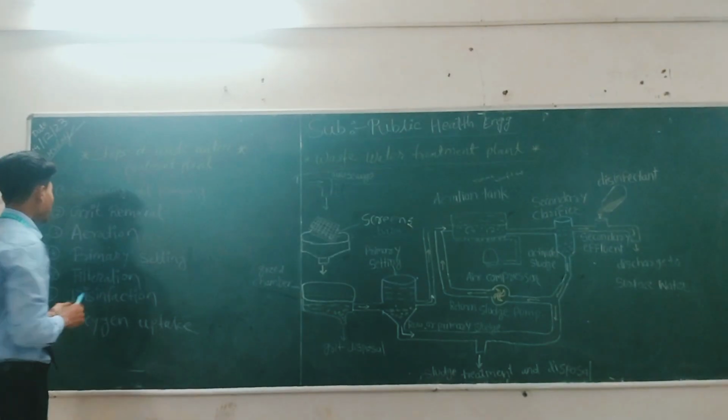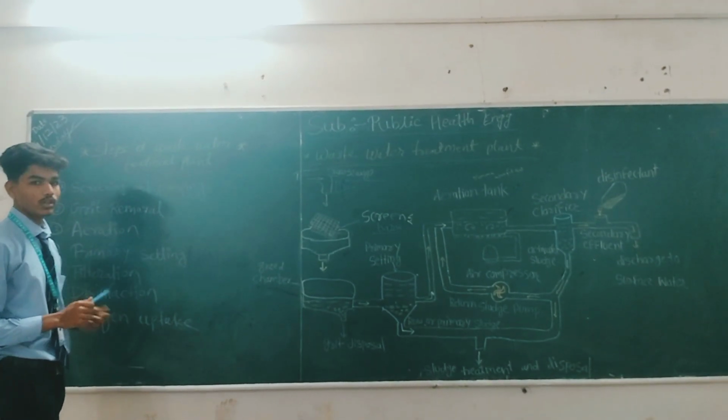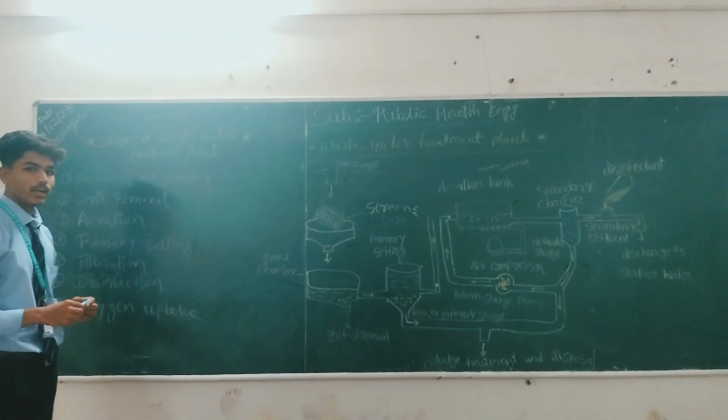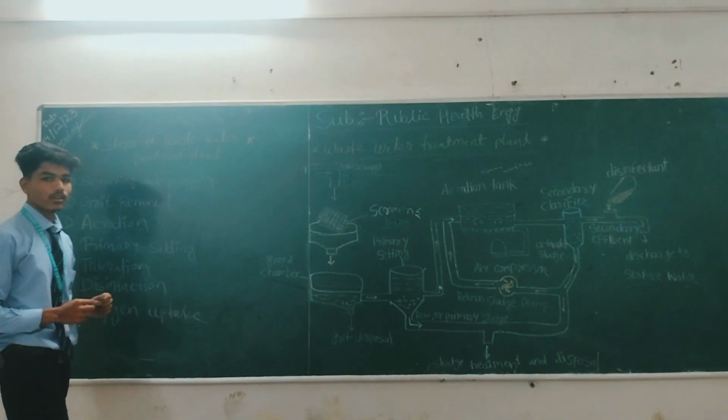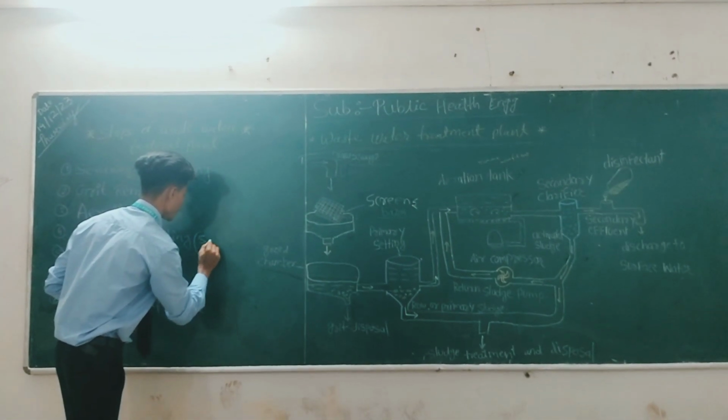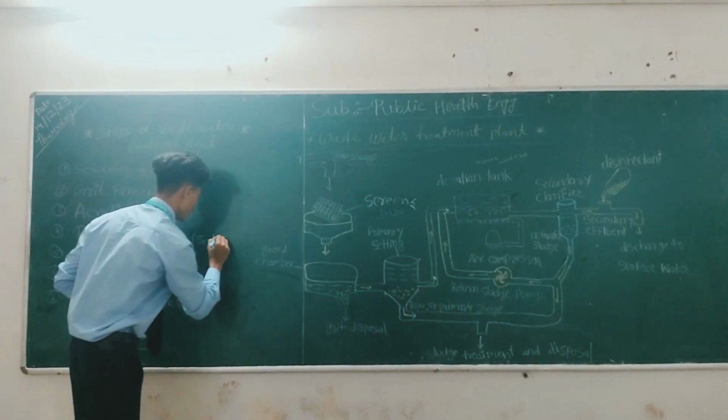The second one is grit removal, and then the third is aeration. Next is primary settling, meaning sedimentation of wastewater.